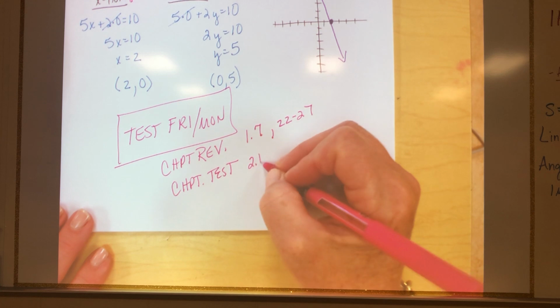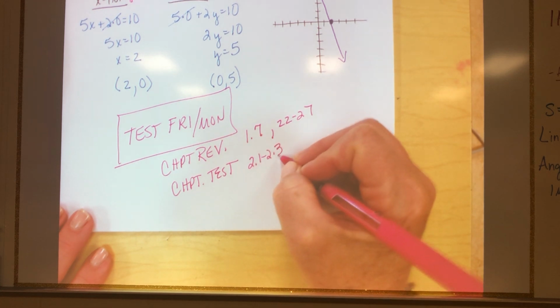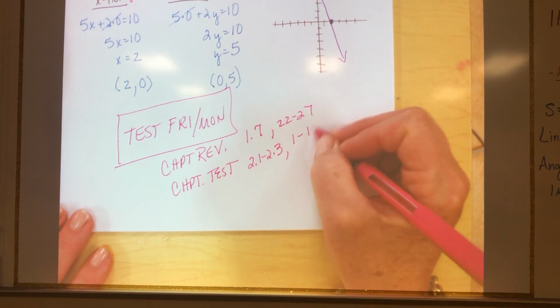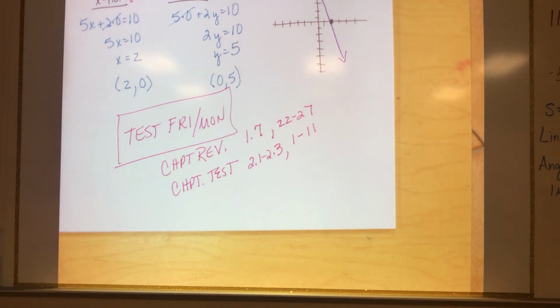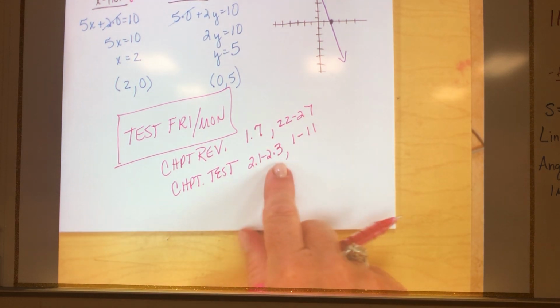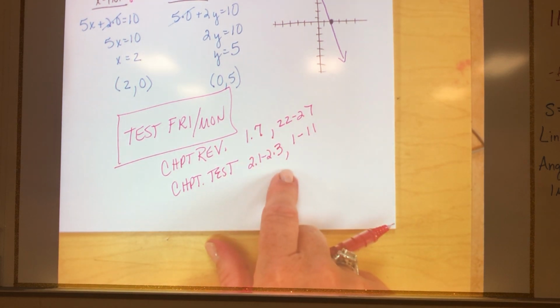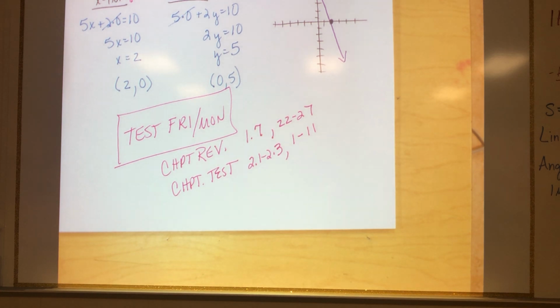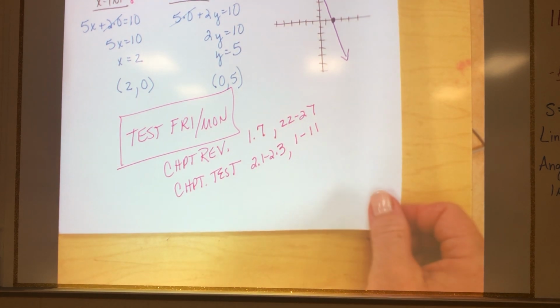It's 2.1 through 2.3, and that is problems 1 through 11. People, if you're good, work them all one time. I'm asking you to take a picture out of my book where you have the answers. Use the answers to check. Don't just say, oh, I don't need to check mine. You better check them, because I'm going to be checking your test. Anybody got a question? Everybody okay?